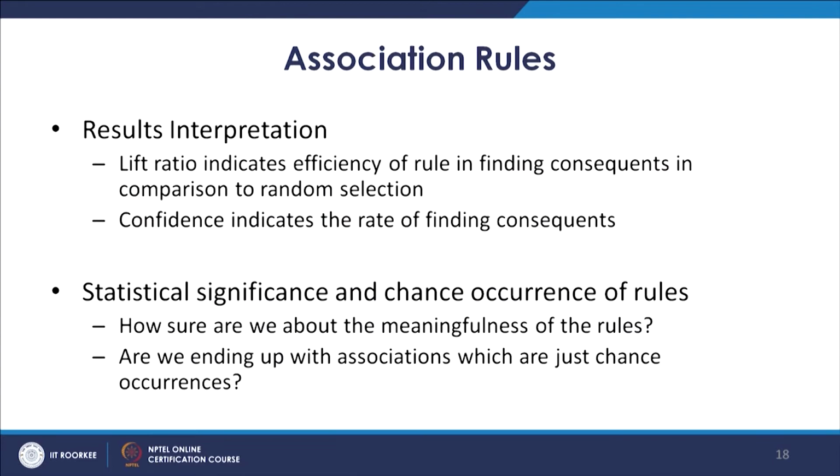Now, we look at the confidence metric. This particular metric indicates the rate of finding the consequence. As we understood from the formula itself, out of all the transactions where the antecedent item set is present, what is the proportion where the consequent is present as well.